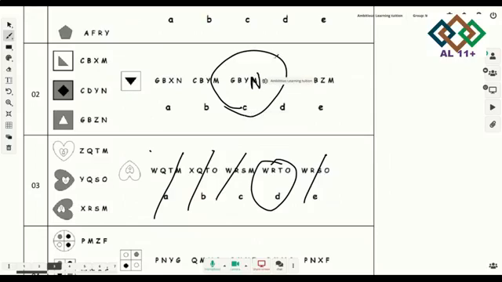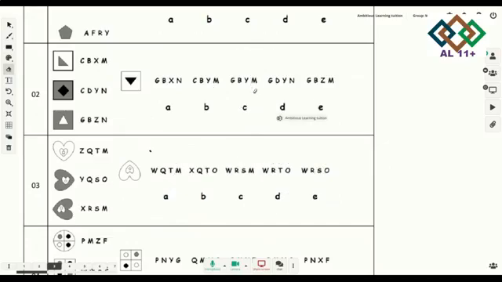This was an N. So we did the first three. So let's go on to the fourth one now.